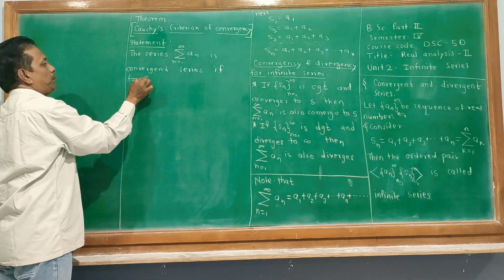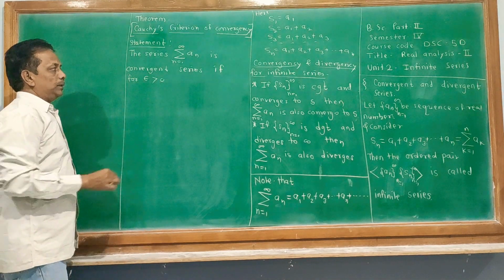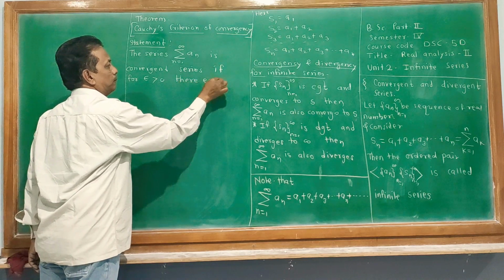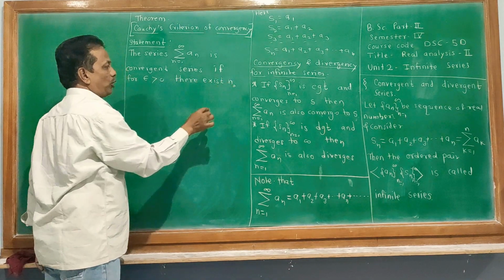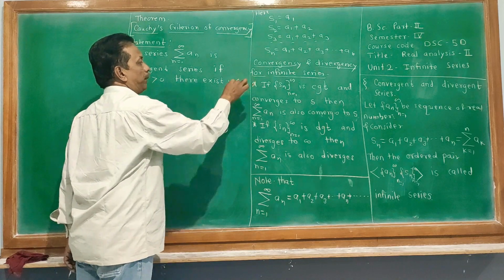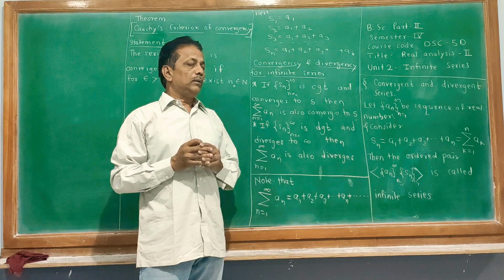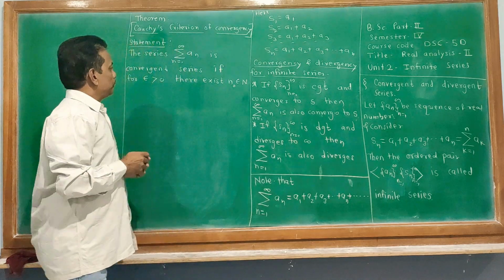for epsilon greater than 0 there exists n0, you may say, belongs to capital N. What is capital N? It is the set of natural numbers.